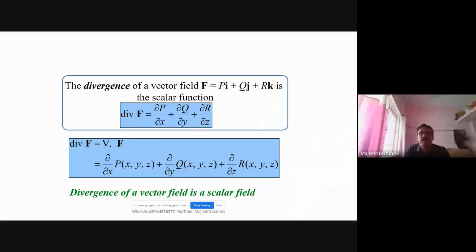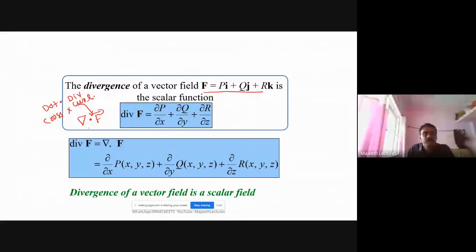Divergence of F. I told you divergence is when del operates on the vector. So here the vector is F. Divergence of F is nothing but del dot F. Just remember dot means divergence. Take del dot, dot means divergence. Del cross means it is curl.